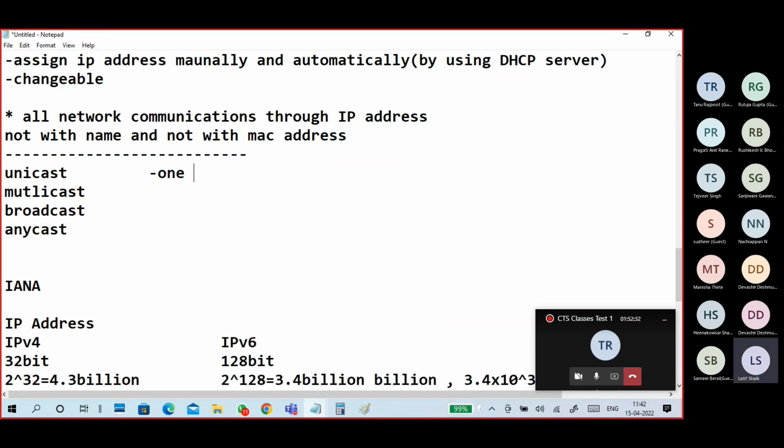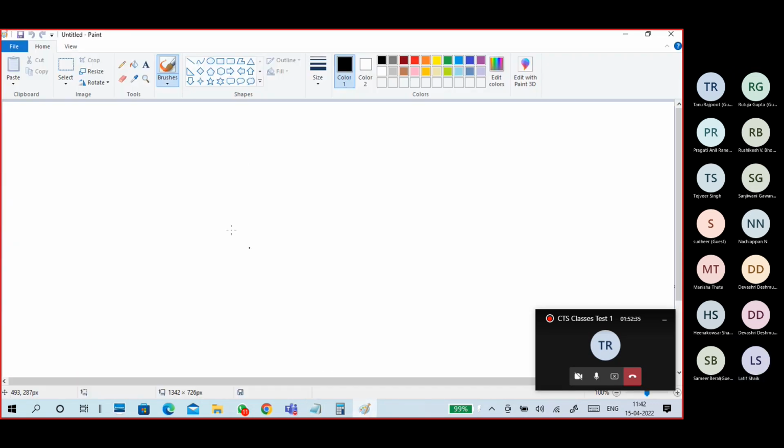One-to-one communication. One-to-one communication means you have a PC and you have another PC. For example, this is PC A, this is PC B. I want to send a packet.